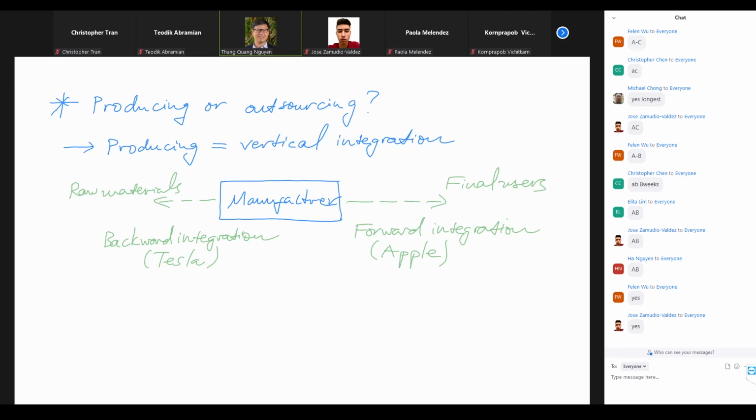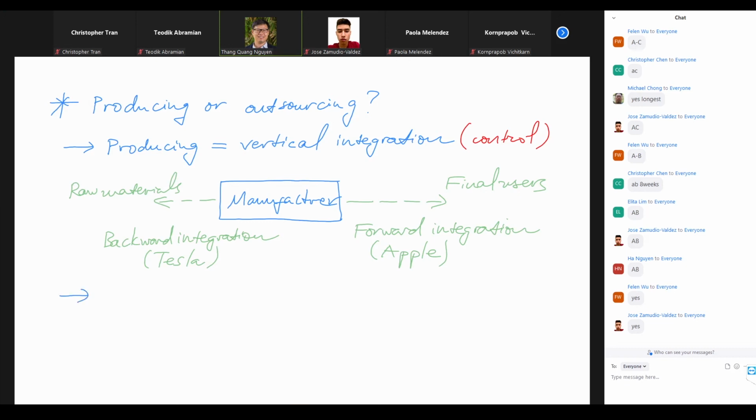But they set up their own retail store so that they can directly access the customers, right? So in that sense, right, they have more control forward. So vertical integration is about having control, right? We integrate more the parts before our manufacturing process, or we integrate or control more of the processes after manufacturing. So we have vertical integration, means that we have more control along the line of the supply chain like this.